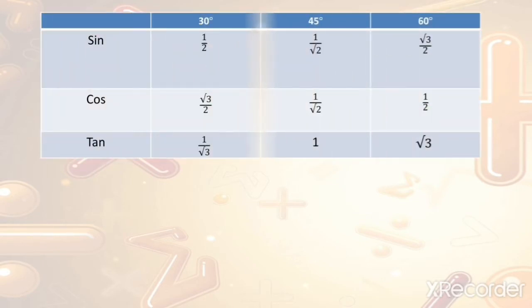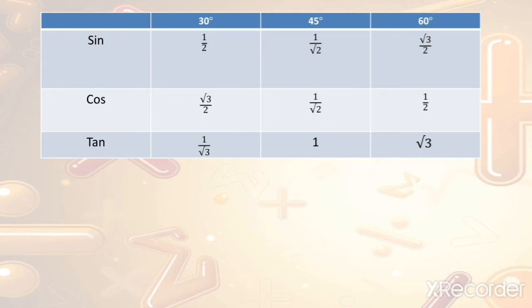And thereafter, for the first paper, there might be questions from this table also. That means you have to remember all these values: sine 30, sine 45, sine 60, likewise cos and tan. So you can pause the video and write it down somewhere and study these by yourself.